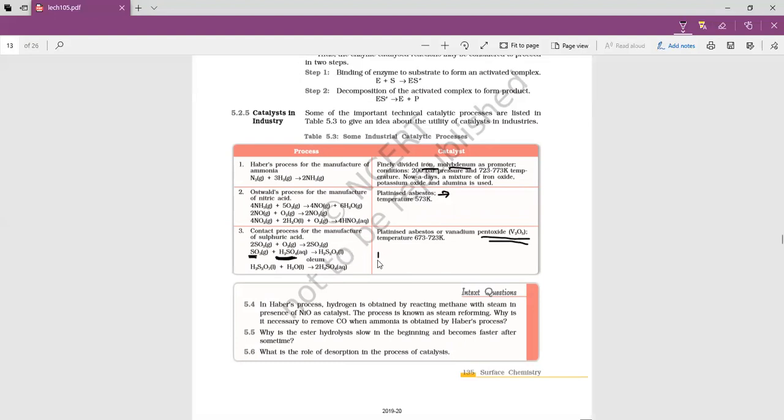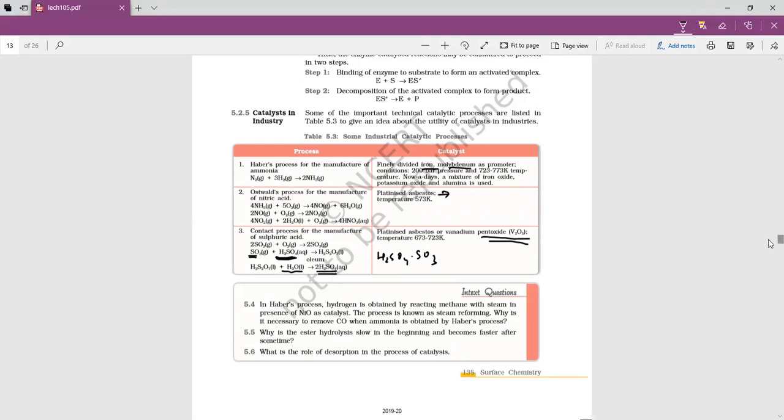The other formula for this is H2SO4.SO3, fuming sulfuric acid, which when diluted by a shower of water, each H2SO4 becomes twice H2SO4. So the precursor was one molecule, but the product is two molecules, and that too concentrated. That is the benefit of this process.